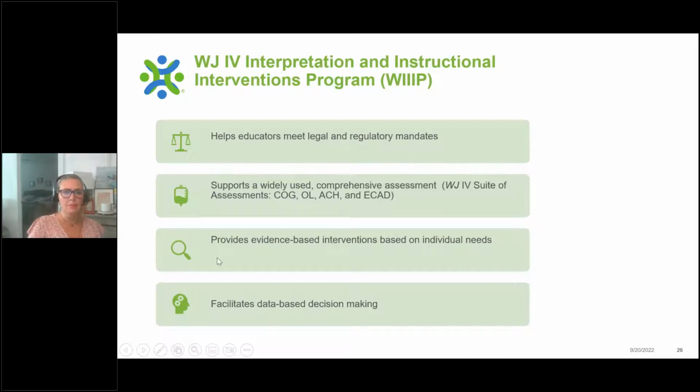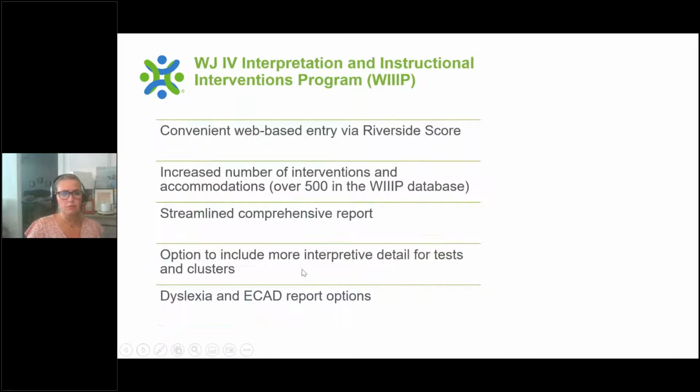And again, it provides evidence-based interventions based on that individual student's needs. It also helps you as the evaluator facilitate data-based decision-making. So it's really, like I said, a resource that allows you to kind of streamline your assessment process as well as your report writing process.